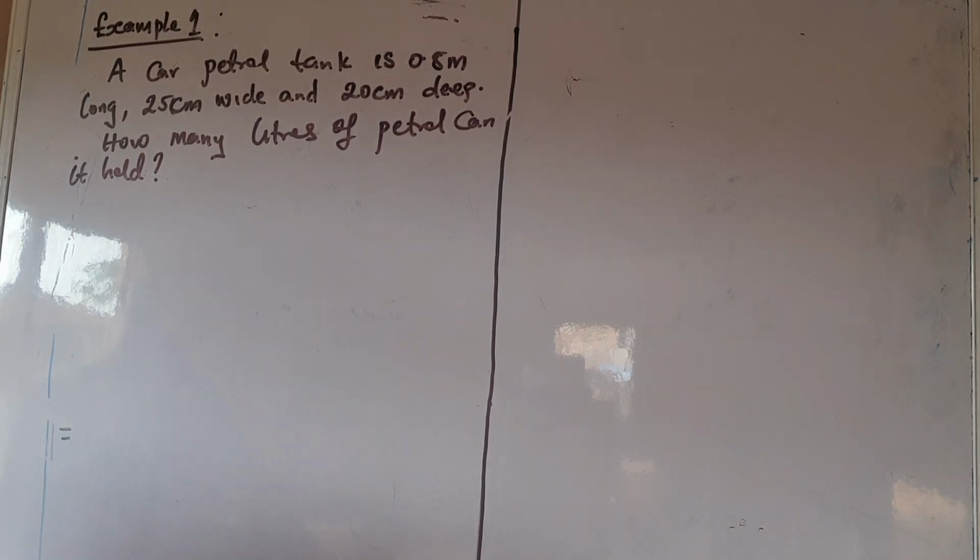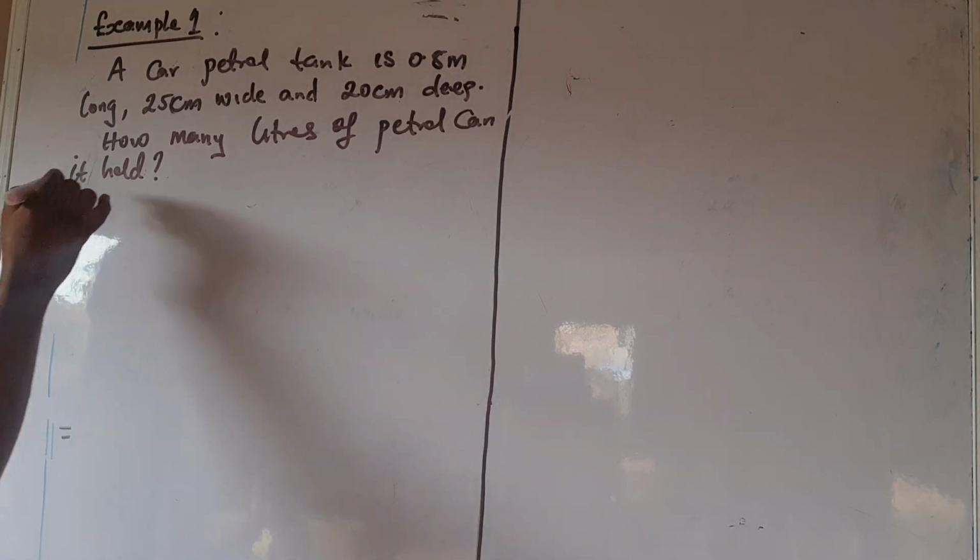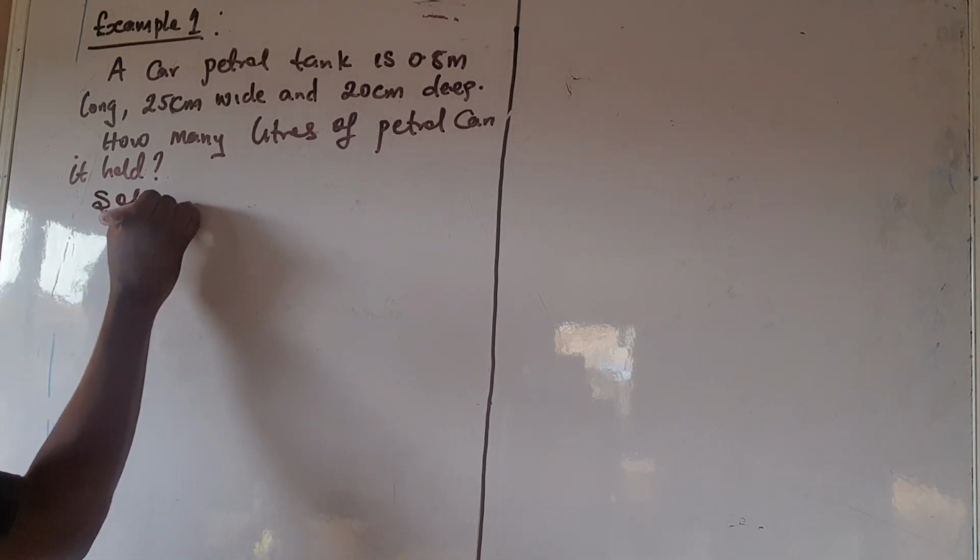Now let's take a typical example. A car petrol tank is 0.8 meter long, 25 centimeter wide, and 20 centimeter deep. How many liters of petrol can it hold?